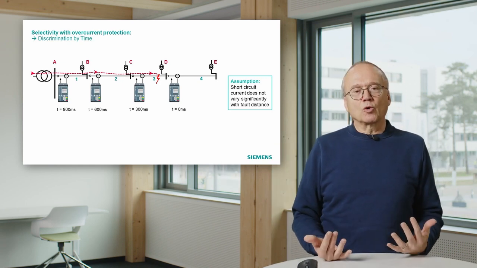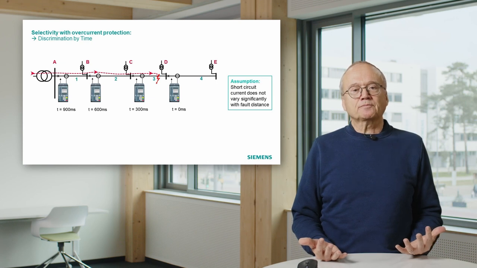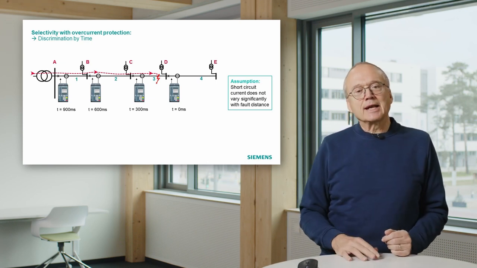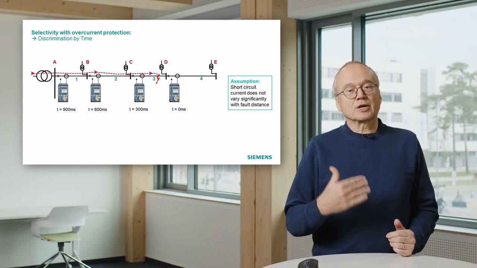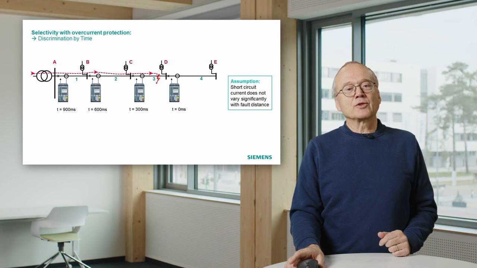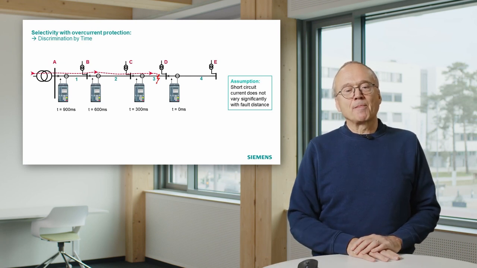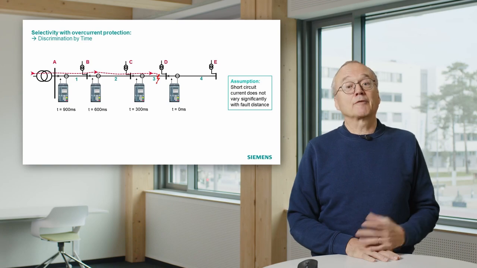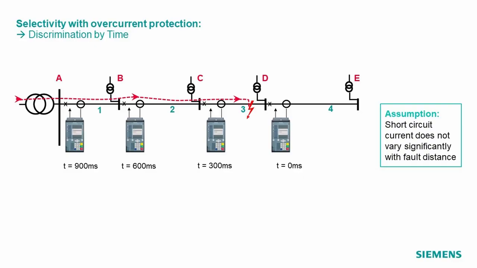But first of all, we look at what is now going to happen. The short circuit starts. Our 3 relays see the current is above the limit. They start their timer. And in the relay at substation C, the timer will expire first. Then this relay will trip, will open the breaker, and then the current flow stops.